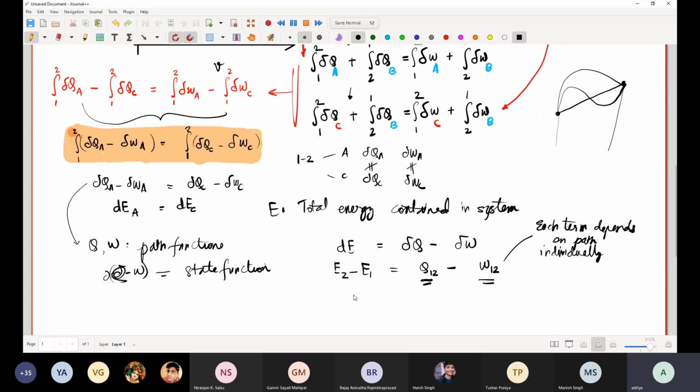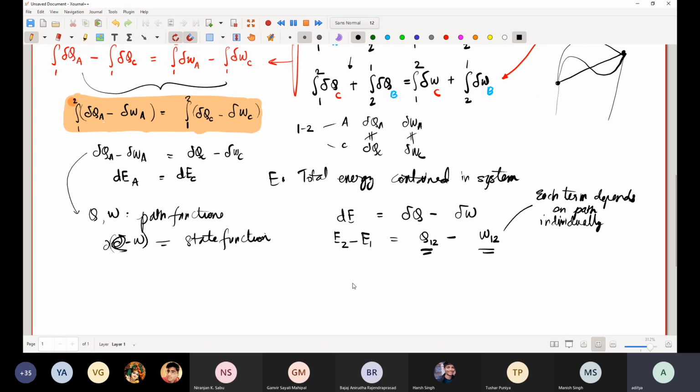But the change in total energy does not depend on the path.